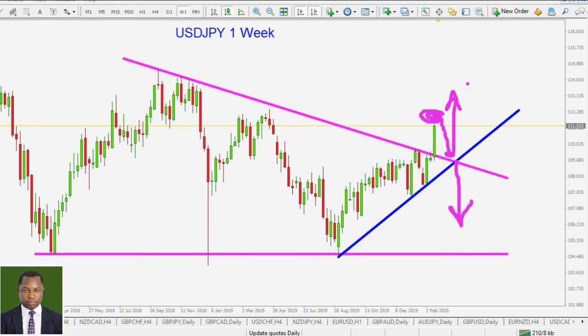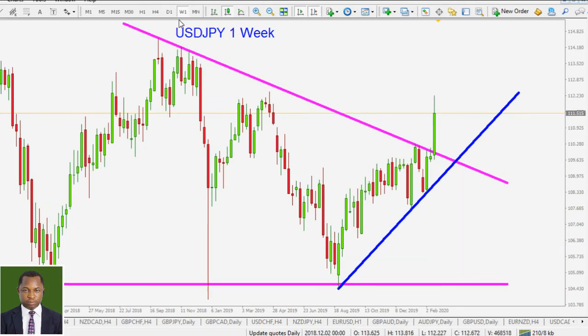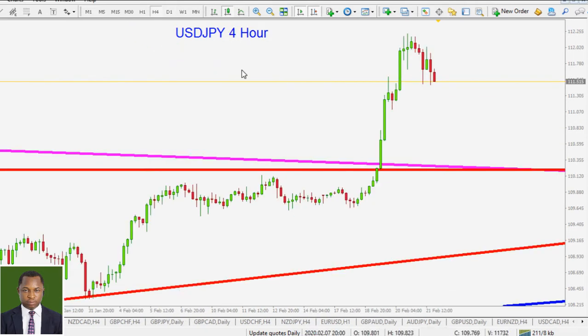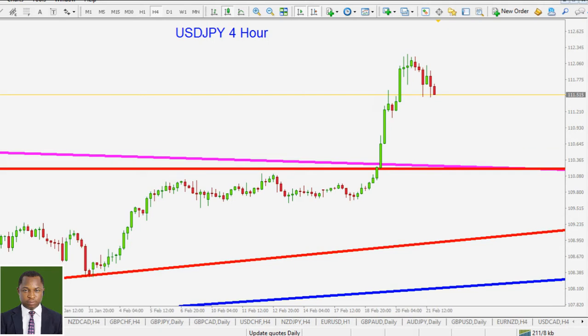So the potential trading opportunity that we are forecasting in the American dollar against the Japanese yen is that for this week we want to see price begin to come back down, to crawl back down to that zone. So it should be more profitable to look for short opportunities in the American dollar against the Japanese yen, looking for short entries for price to come back, hopefully to that zone, before you cash out your profit target.